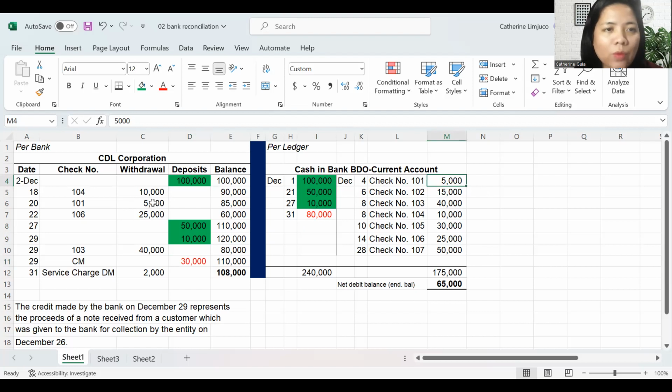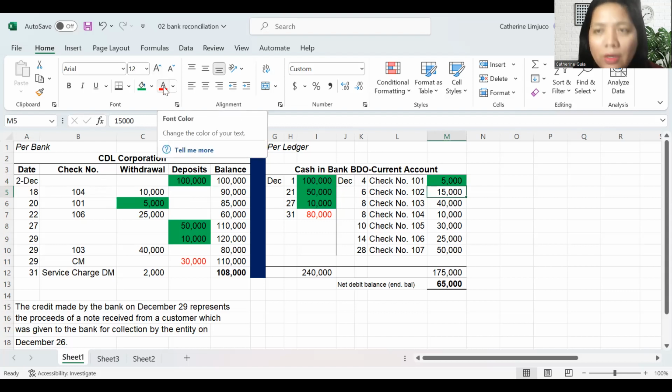Do we have 101 in our withdrawal column? Yes. So we'll color this one, 5,000. How about check number 102? Do we have check 102 in our withdrawal column and the check number in our per bank statement? So we do not have any check 102. So we'll consider it as our reconciling item.